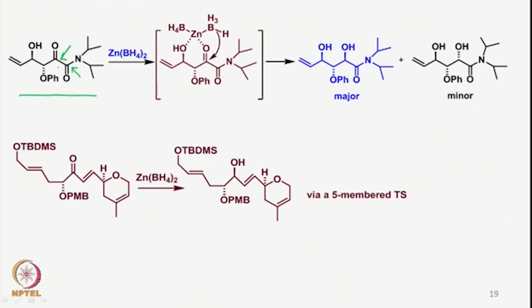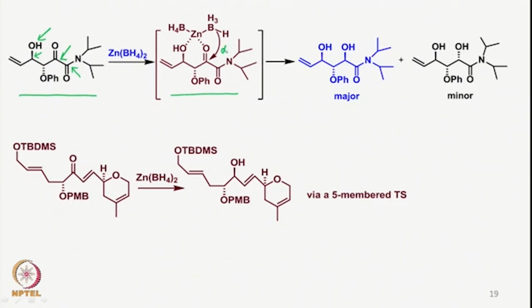And now the carbonyl group is very close to the hydroxy group here, which is beta oriented. So we can expect that there is a chelation of a six-membered transition state: you have 1, 2, 3, 4, 5, 6 members, and therefore the chelation occurs from the beta side, and therefore the reduction occurs from the alpha side.